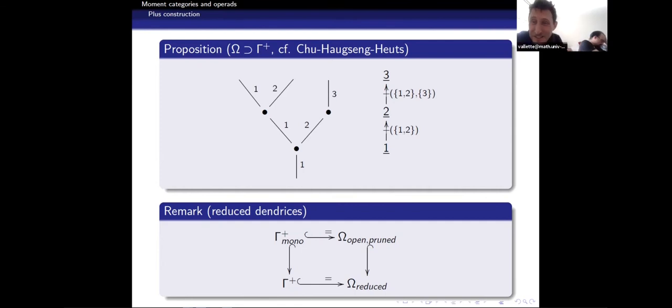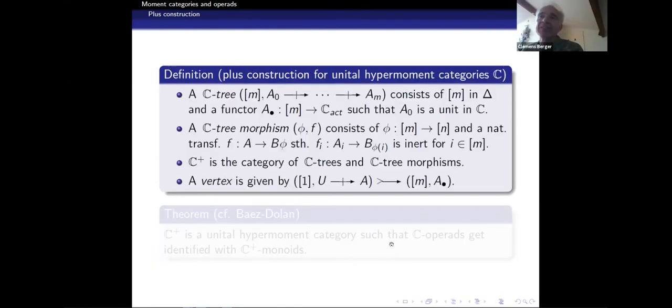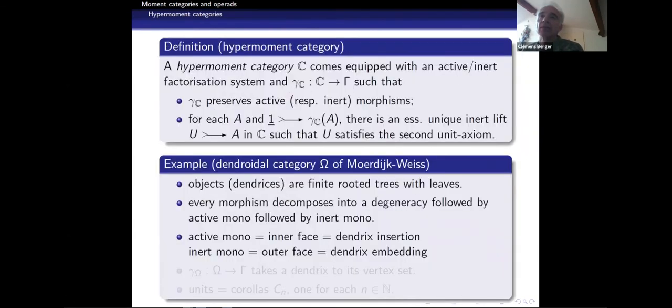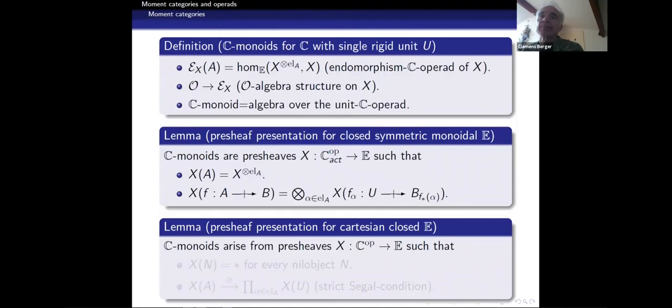I'm a student. No, you see, perhaps I will go back because this is a very subtle point and it's a good question. You see, C monoids, for instance, they apparently use only the active part, because it's a presheaf on the active part.